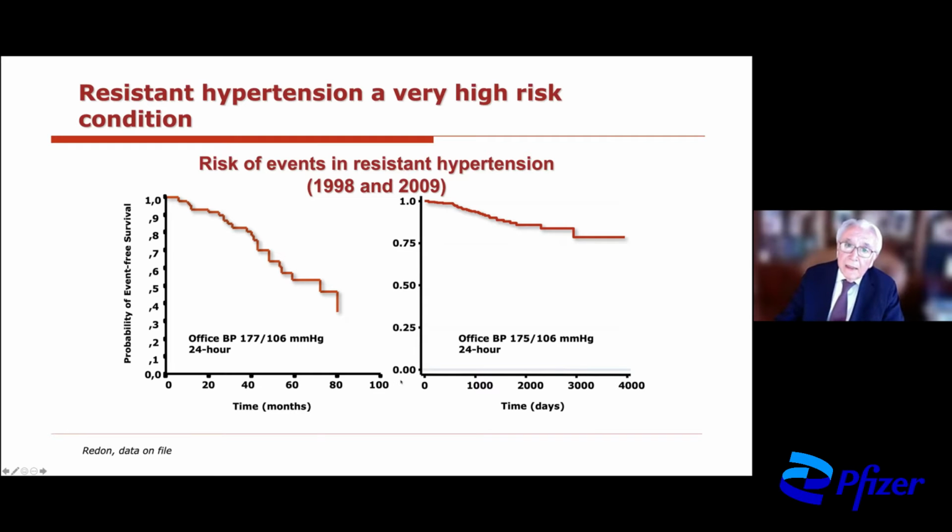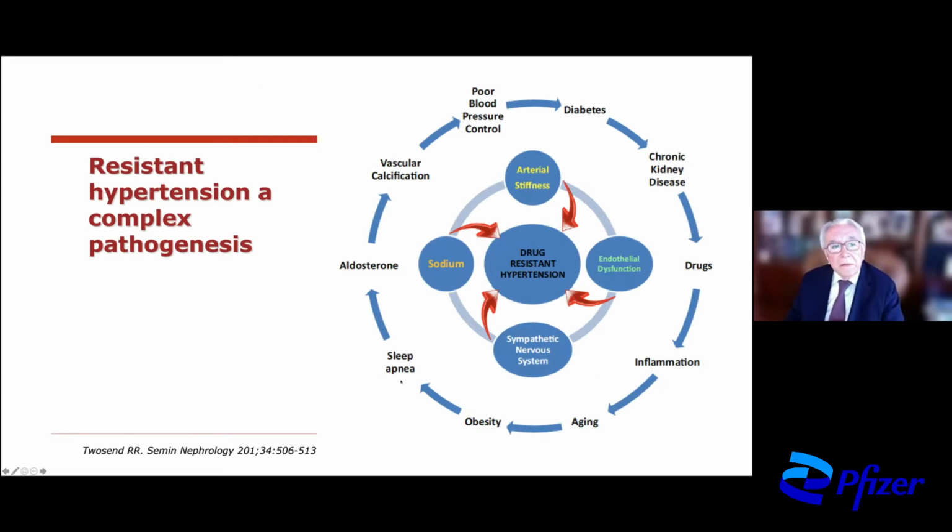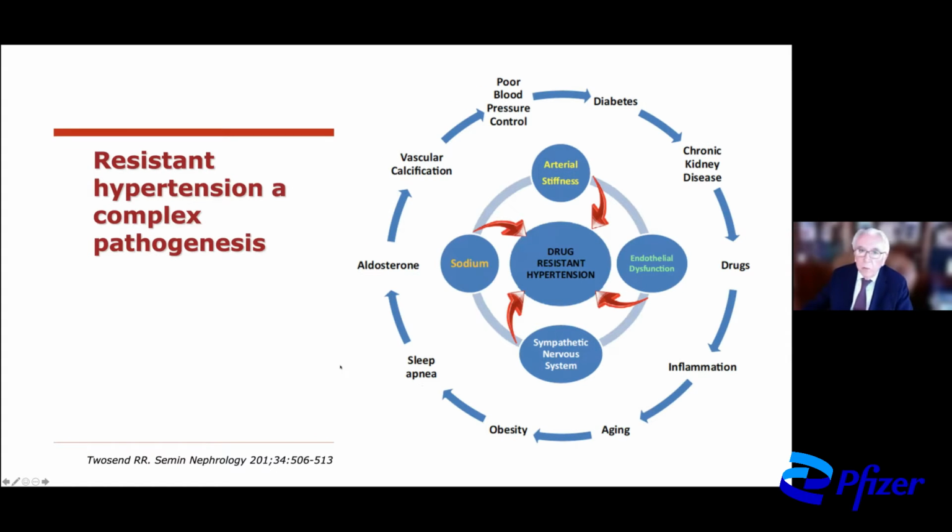But what really is resistant hypertension? Resistant hypertension has a complex pathogenesis, and there are many factors that influence it. You will see in this chart, around the center, there are many factors that can influence.